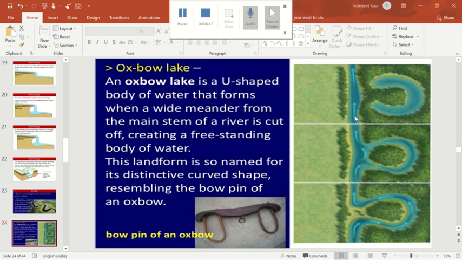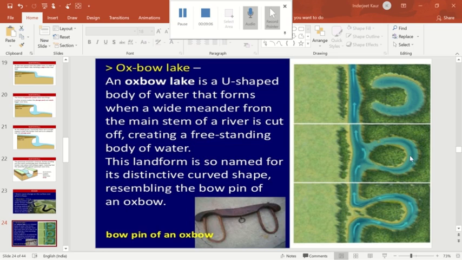Now, when a river is passing and there is a huge meander, a meander is that huge curve in the course of the river, and when it is cut off, in this picture you can see it is cut off.